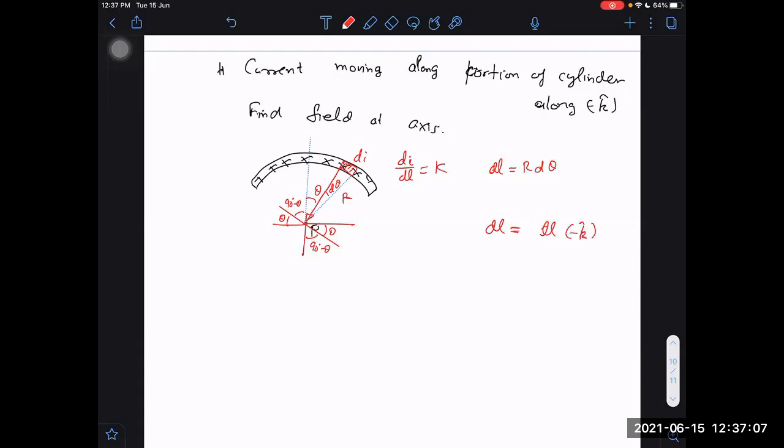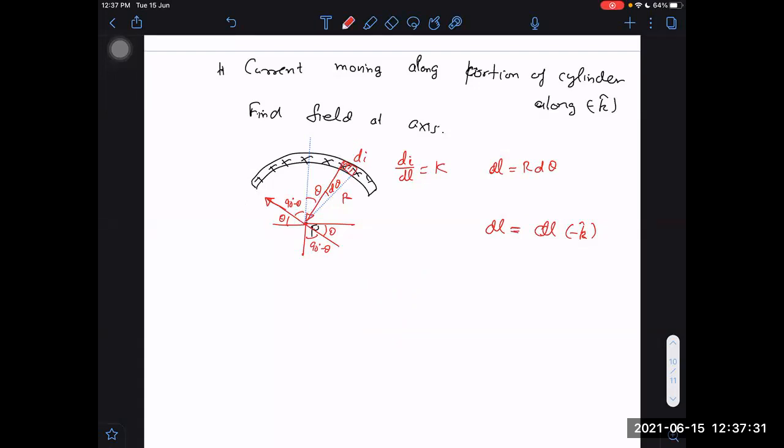I had drawn the right direction, but I was taking it wrong here. Yes, it is this side only. dl is into the plane, and R is radially inward. So their cross product gives some vector on this side, right?